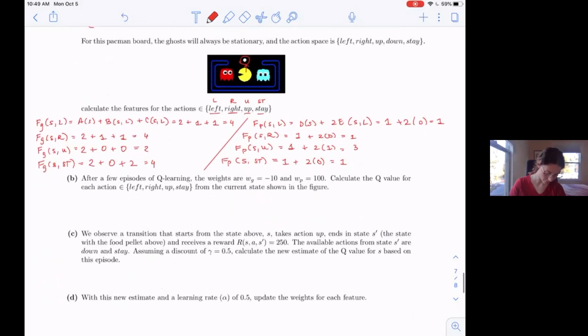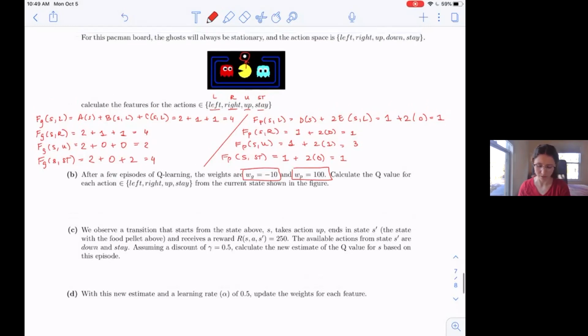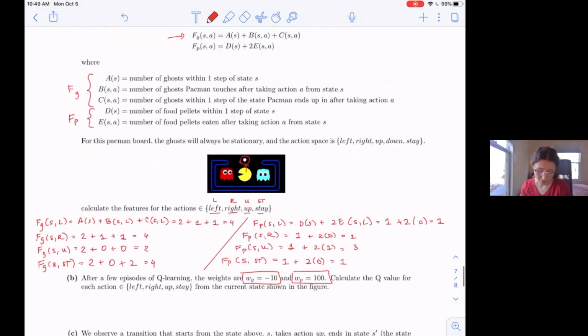All right, next question. After a few episodes of Q learning, the weights are WG and WP. Calculate the Q value for each action: left, right, up, and stay. So one thing we should remind ourselves is, what does the Q function representation look like when we're using these feature values?